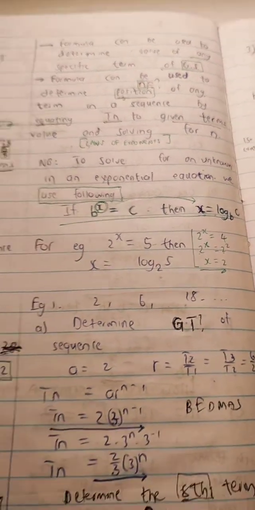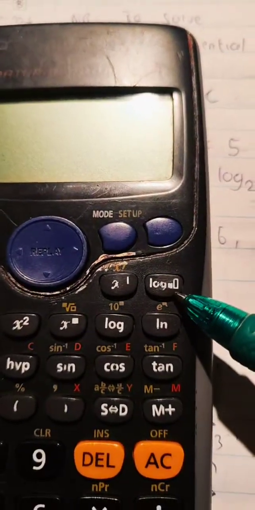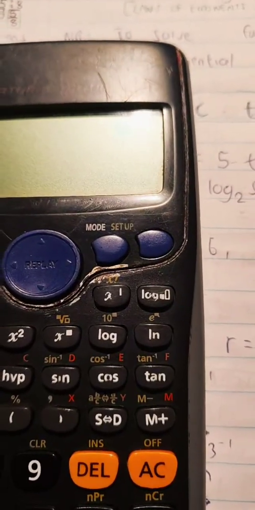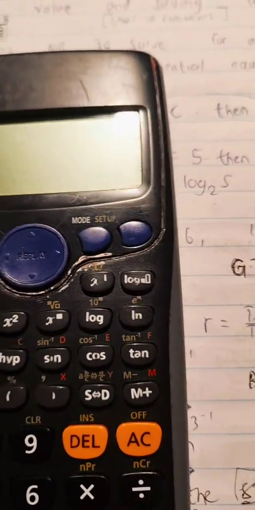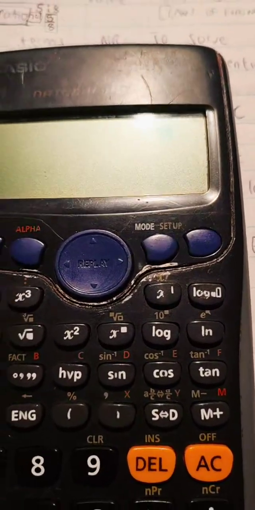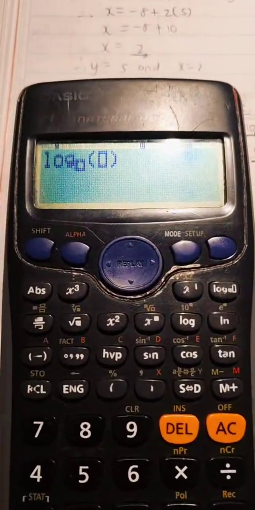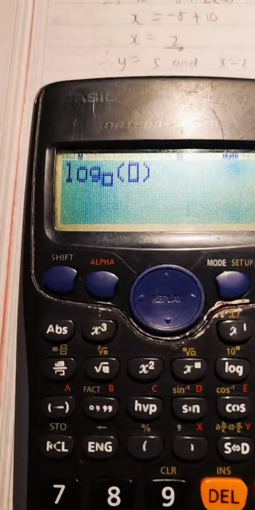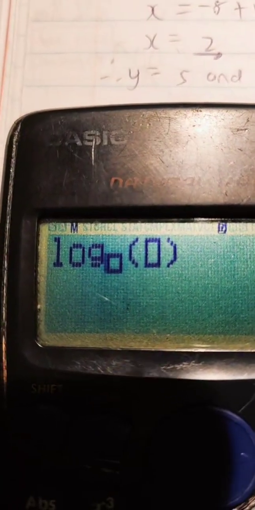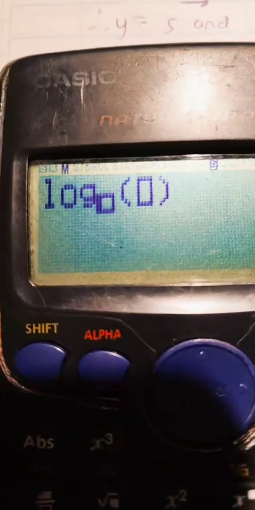And log is situated in your beautiful calculator. Look at this button here. You may have seen it many times in your calculator. You are asking yourself, what is this used for? Well, today, my brothers and sisters, I want to bring to your attention Mr. Log. You can see Mr. Log. Mr. Log wants to be one with you. Mr. Log wants to be friends with you. Mr. Log wants to become more acquainted with you.